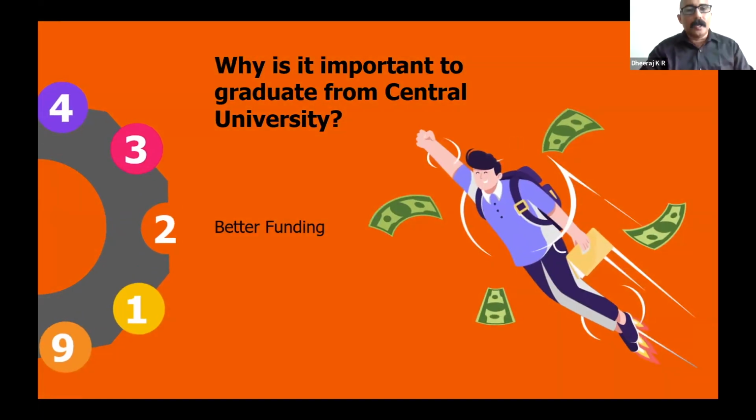Yes. And coming to the better funding side, the funding of central universities is huge. The funds they spend on library facilities, labs, and even the hostels are well equipped with everything, and the research facilities are very good in central universities.